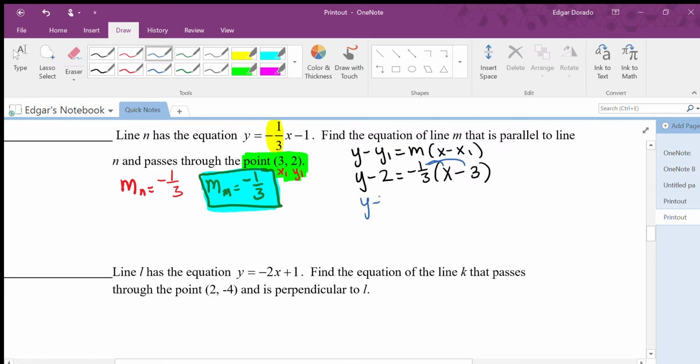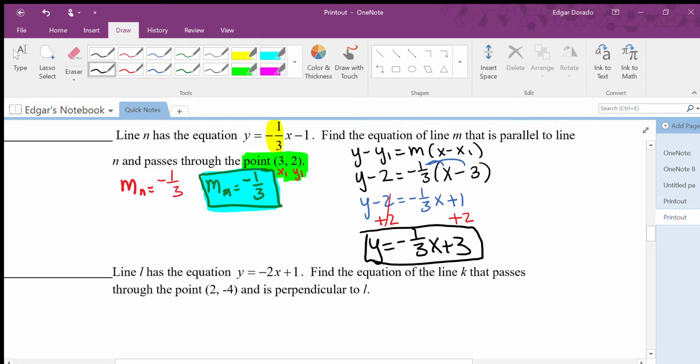We get y minus 2 equals negative 1/3 x, and actually, negative 1/3 times negative 3 is a positive 1. And then finally, I have to add a 2 to the other side to give me my final answer of y equals negative 1/3 x plus 3.